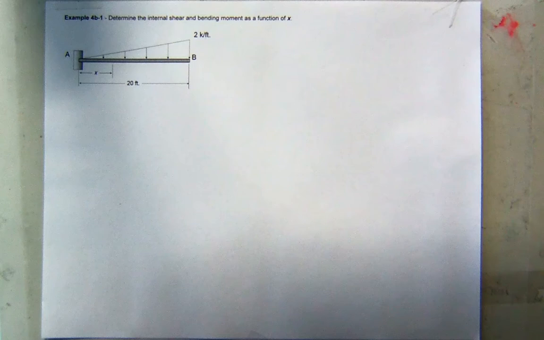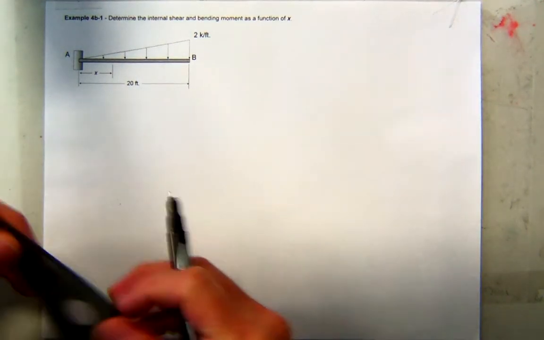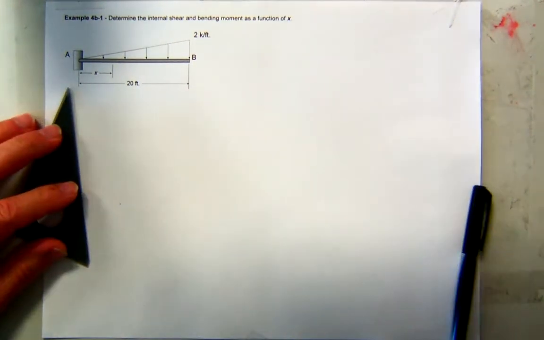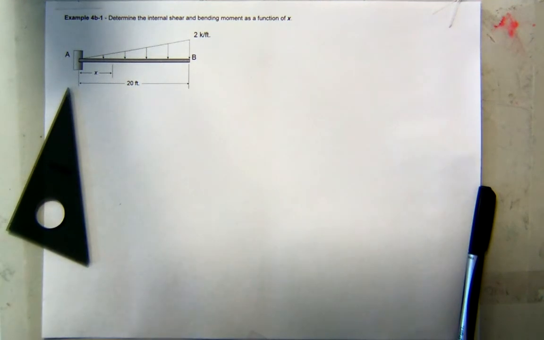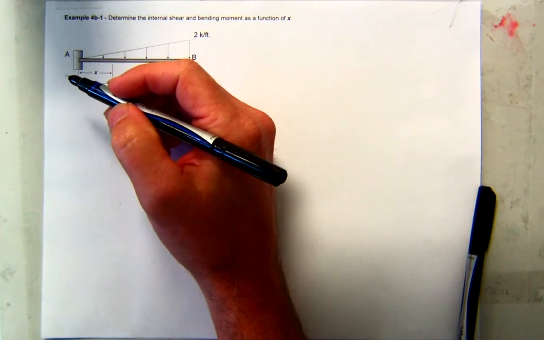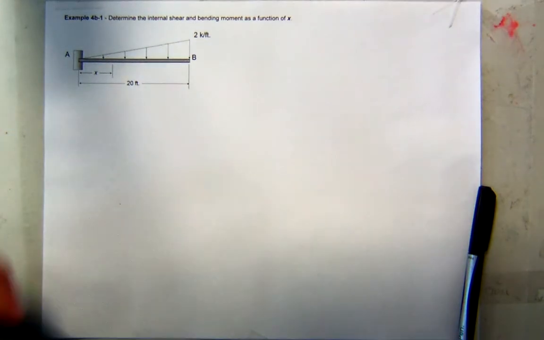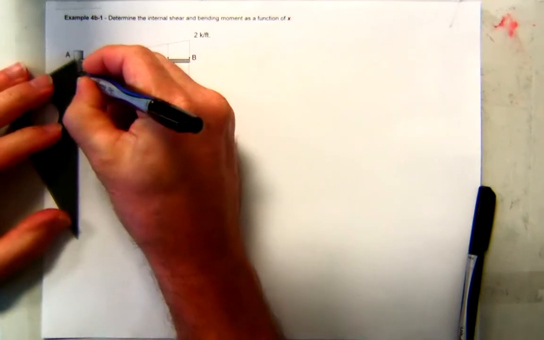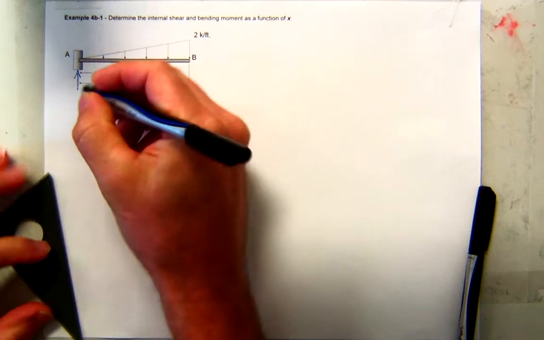So what I'm going to do is assume positive shear force at A. Now, on the left-hand side like that, would positive shear force be up or down? It would be up. So this is not a reaction.